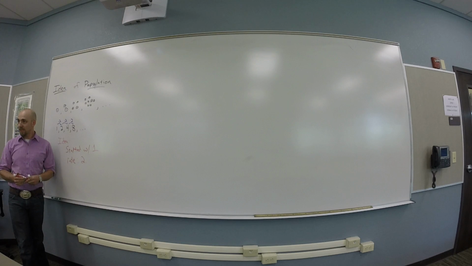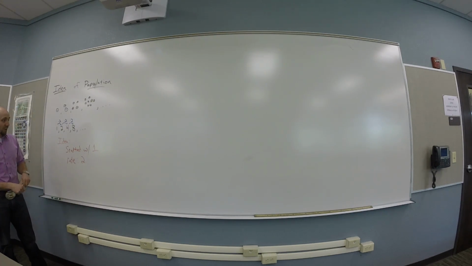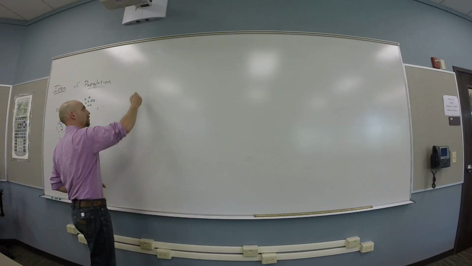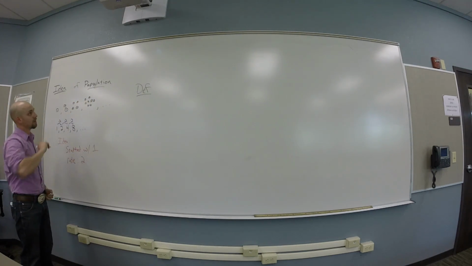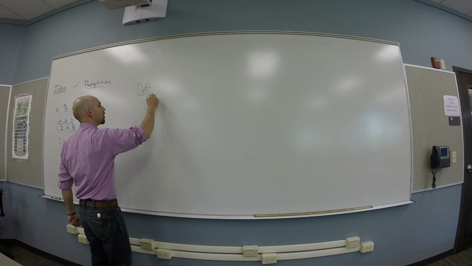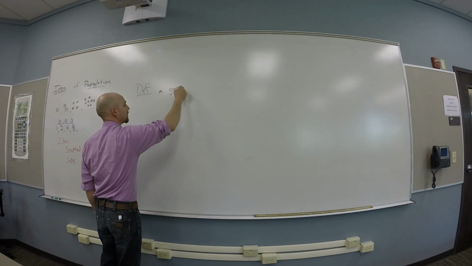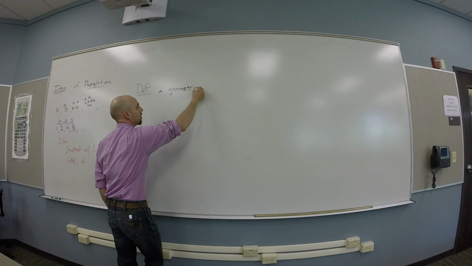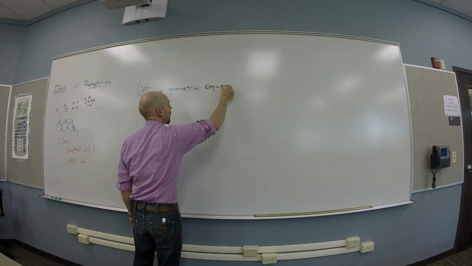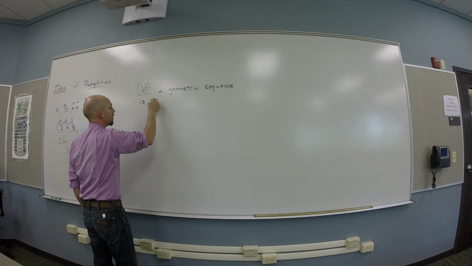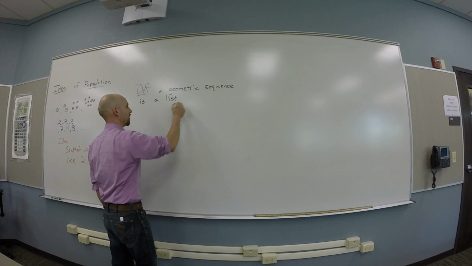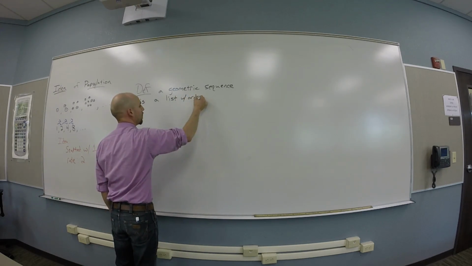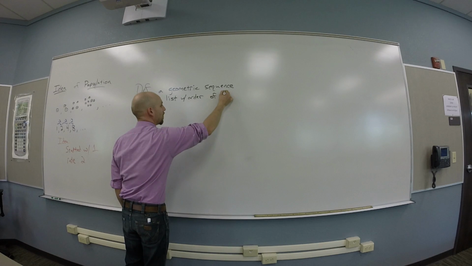So this thing happens fairly often, and we actually give a good name to this. I'm going to throw some words at you, but really all I mean is something like this. I'm going to say a geometric sequence is a list, which really has an order, of numbers.